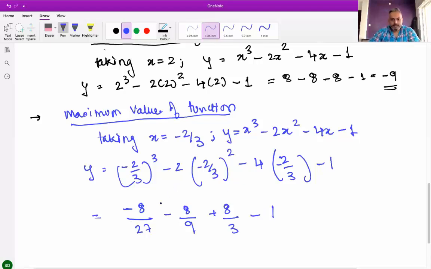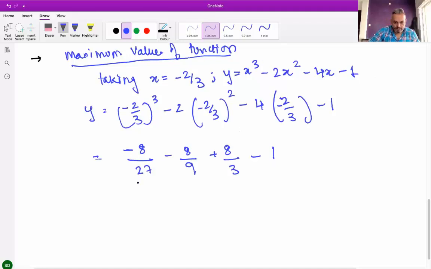So we take LCM as 27 and cross multiply. So it will be minus 8, 9 threes are 27, 3 eights are 24, so minus 24, plus 3 nines are 27, 8 nines are 72.